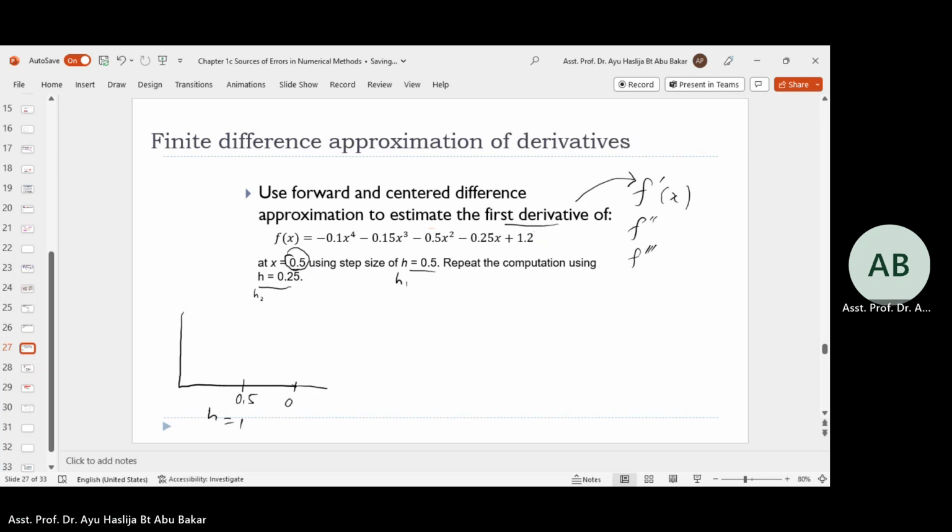Sorry, h is 0.5. So this one is 1.0, and the backward one is 0.